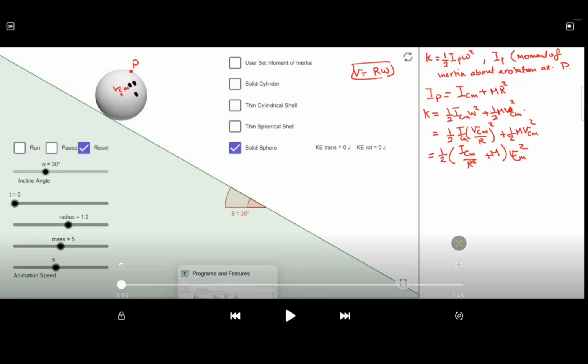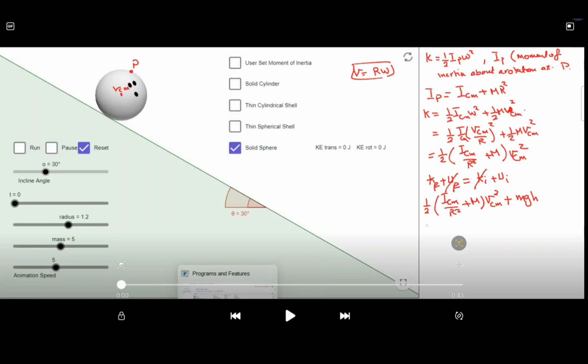Conservation of energy, K final plus U final equal to K initial plus U initial. So K initial 0 and U final here it's equal to 0. Therefore, half I center of mass over R square plus m V center of mass square equals m g h.